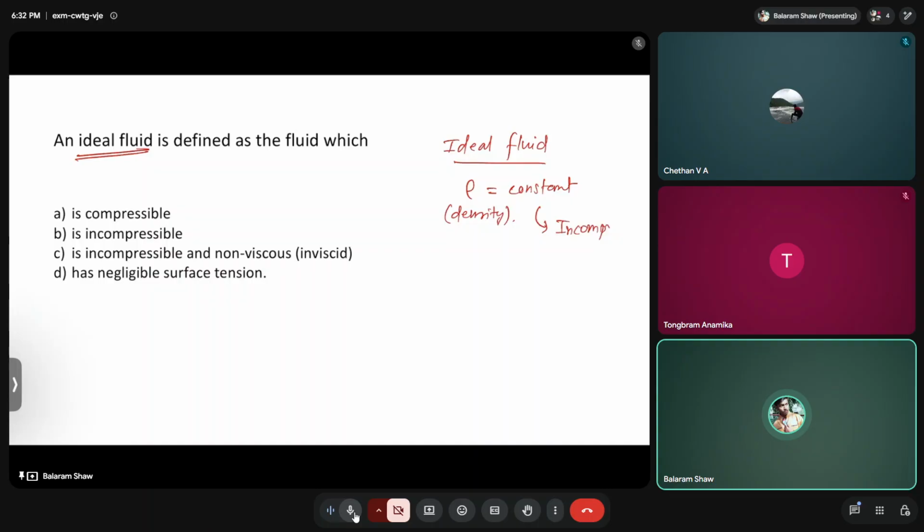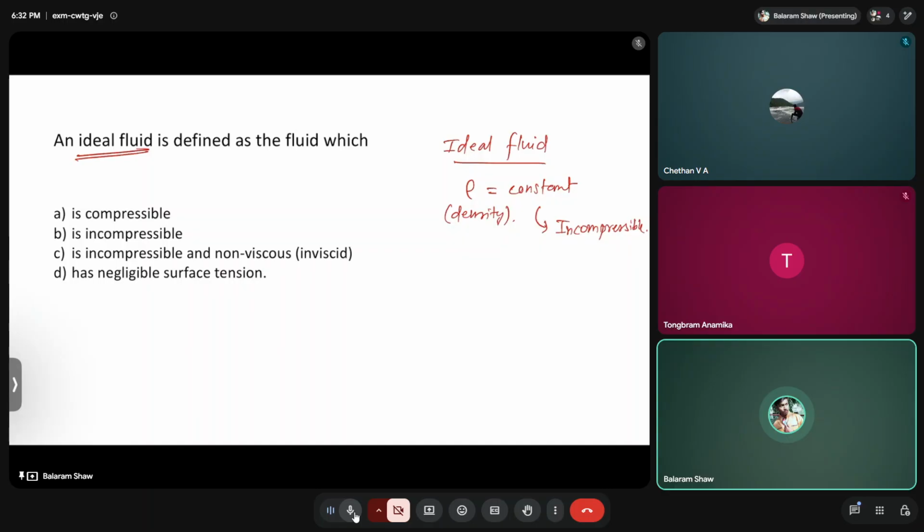Then we consider the dynamic viscosity, which we write as mu, as constant. So there is no viscosity. If we consider that the fluid is viscous, then again the process becomes complex, and hence we don't consider it in the ideal fluid.